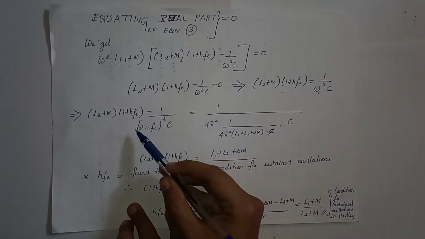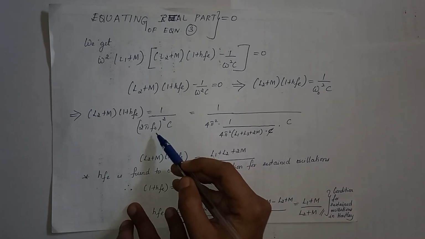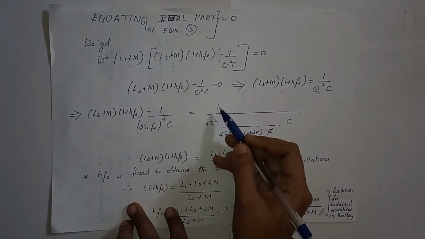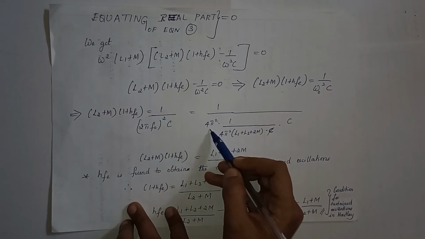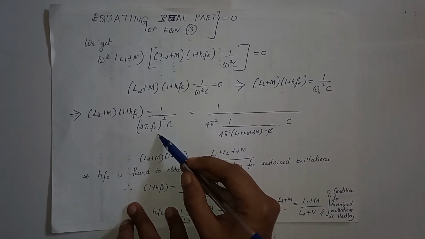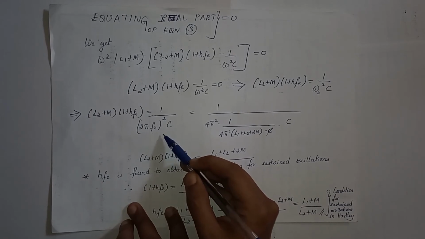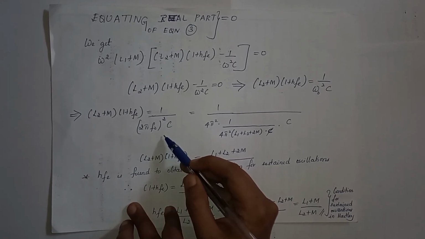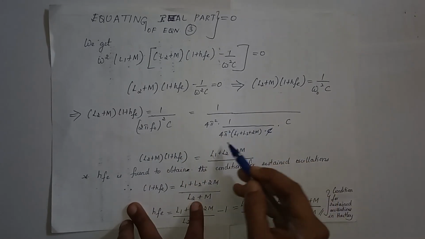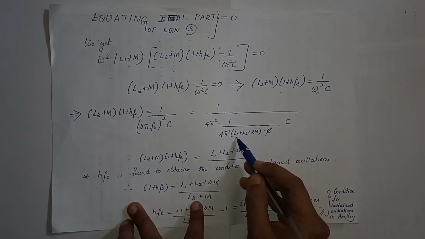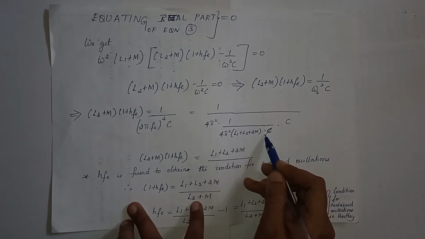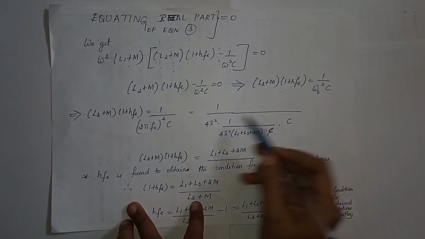So because it is a square term, we substitute the value of f naught. So now this equation becomes 1 divided by, this 2 pi becomes 4 pi squared, and this f naught value was found, and we substitute the value of f naught squared. So if we square the value of frequency of oscillation for the Hartley oscillator, we'll be getting 1 divided by 4 pi squared. The square root term is removed. So I'll be getting (L1 plus L2 plus 2M) into C. And here we've got another C because of this term.